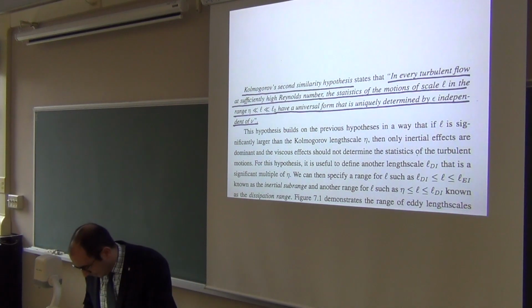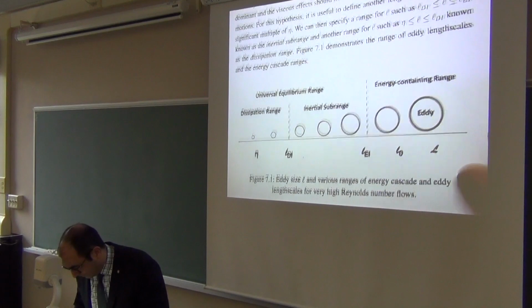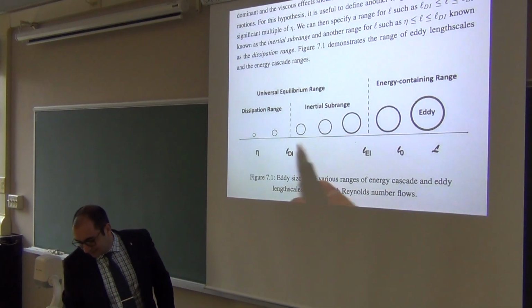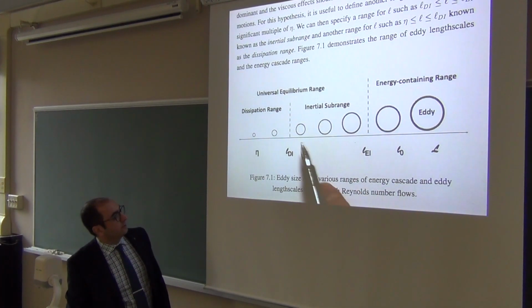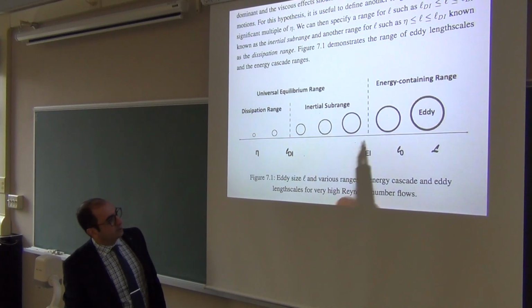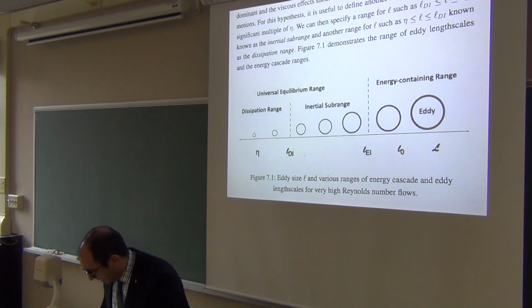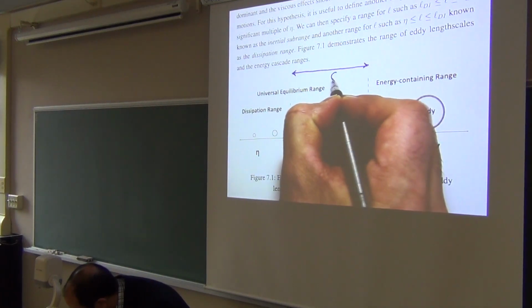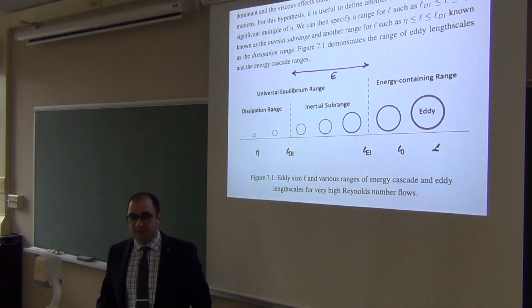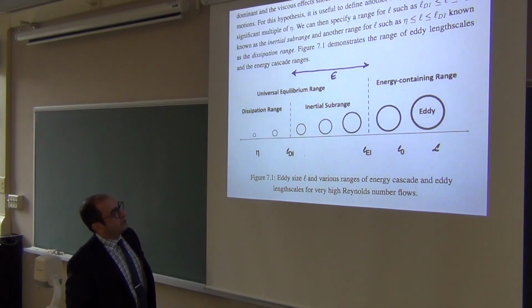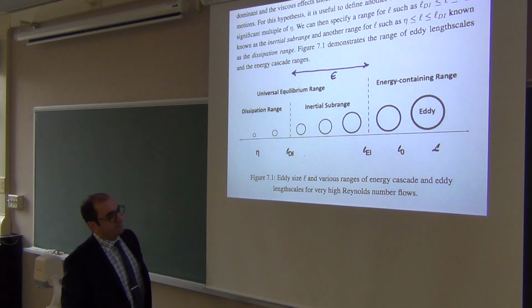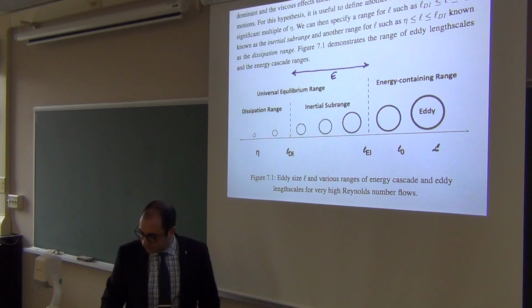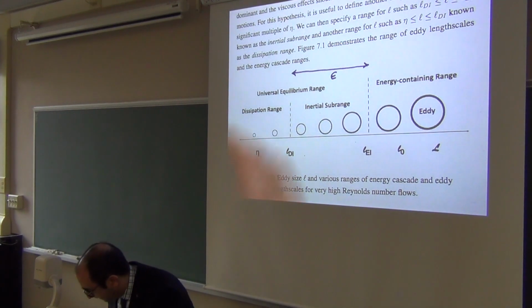Okay? Which means that if I only look at the mid-range here, epsilon is all I need. In other words, this range can be uniquely described by the dissipation rate. You don't even need to know what the viscosity is doing, because viscosity is not acting as a dominant physics in this range. It is just dominated by inertia.